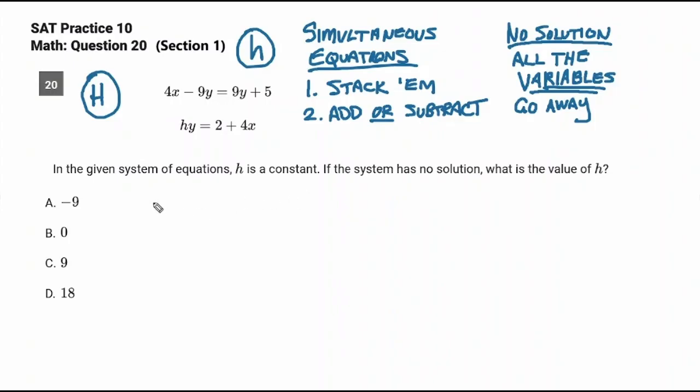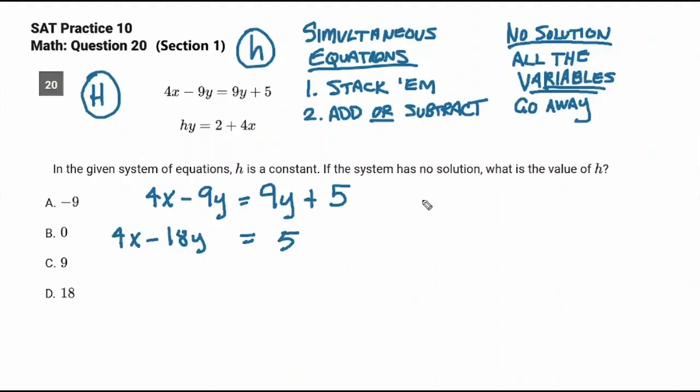All right, so let's write down the first equation. And then probably your algebra teacher taught you, pretty good idea, to get all the variables on one side of an equation, all the numbers on the other side. So let's do that. 4x minus 9y equals 18y.